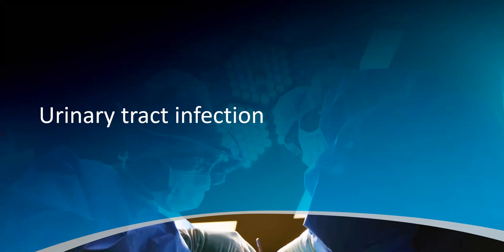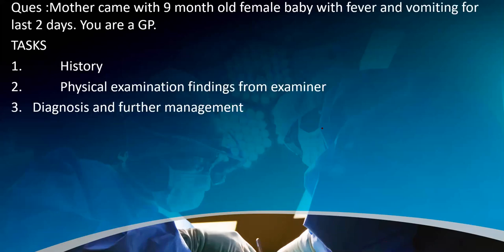Now, the next one is urinary tract infection. For urinary tract infection, we have a case: a mother came with a 9-month-old female baby with fever and vomiting for the last 2 days, and you are a GP.